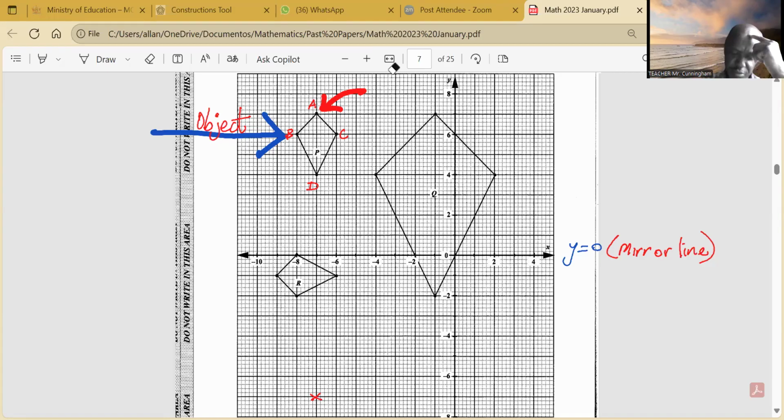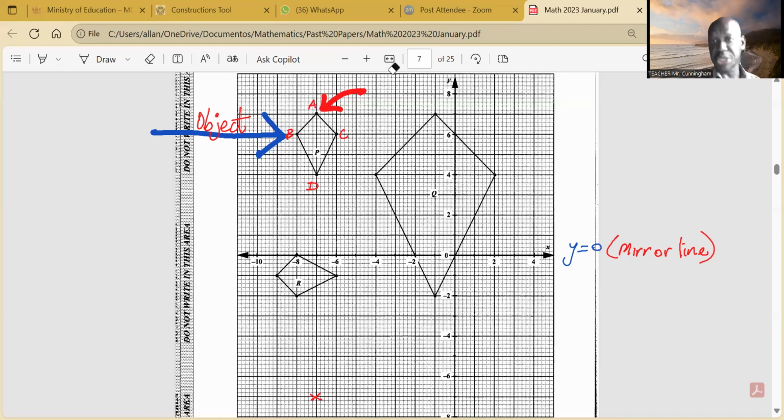Jenny, come on, people, you all do not leave. I can't do this. All right, so Naomi, how many points is B from the mirror line? 3 points.